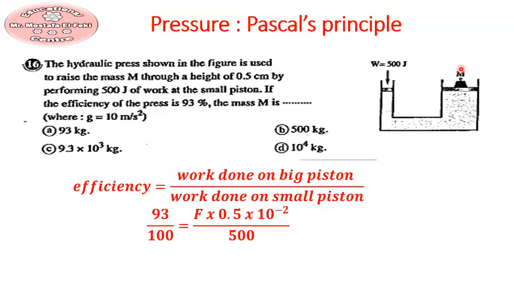This mass displacement is 0.5 upward. Then by cross multiplication, force equals 93,000. This force equals mg, then the mass equals the force divided by g, equals 9,300, that is 9.3 times 10 to the power 3 kilogram.